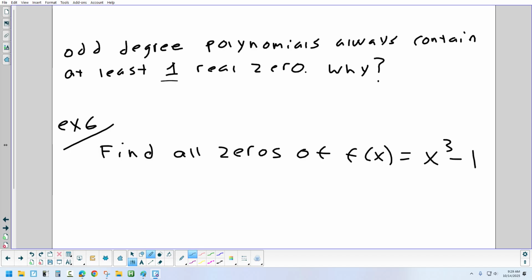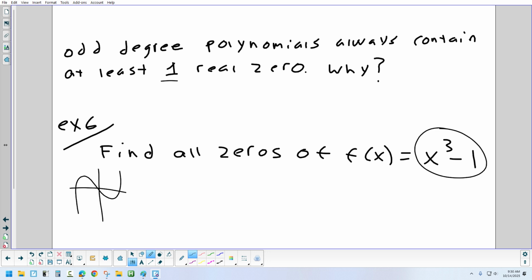So when we do a problem that's a cubic, okay, we are looking for 3 answers. A couple different cases could happen. We could get all real solutions. That's possible. Okay, crosses the x-axis in 3 distinct locations.